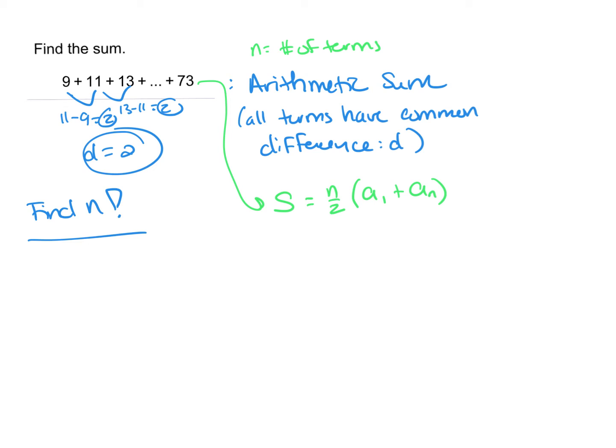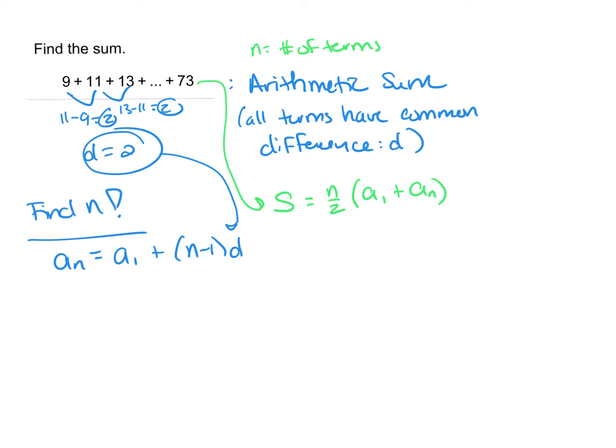The way we're going to do that is we're going to use the formula for A sub n for an arithmetic sequence, and that is given by A sub 1 plus n minus 1 times D. If you want to see justification for that formula, check out my previous video on arithmetic sequences and arithmetic sums. In this case, we know D is 2.